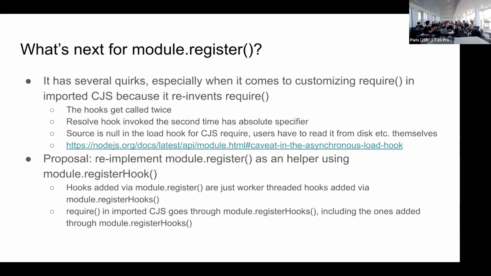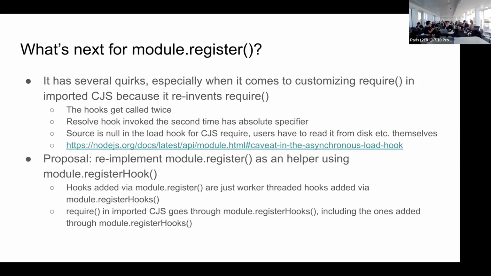It's just that it's far preferable to use the module register hook if you don't actually have anything async. That will be more performant at the end of the day, because async is not cheap in Node.js. It's also in-thread, so that might help you overcome certain quirks if you want to mutate the global context, like add something to globalThis.